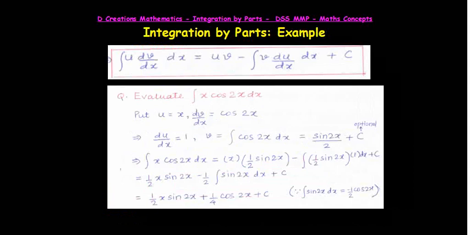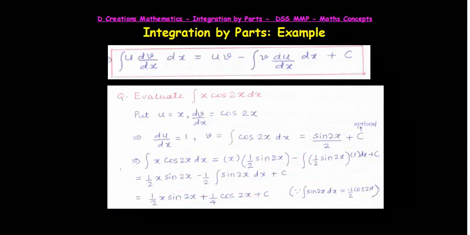What is v? We have already calculated it, half sin 2x. What is du by dx? It's just 1, dx, plus c. This simply becomes half of x sin 2x minus half of integral of sin 2x dx plus c.